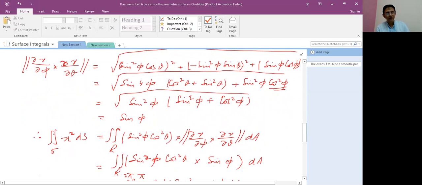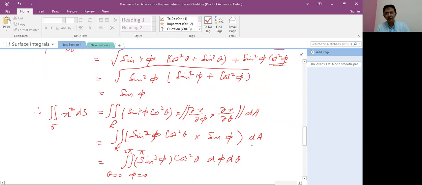After finding the magnitude, we will write the integral. Therefore, the double integral over sigma of x square dS, where dS is the small element of the surface, is the double integral of sin square phi cos square theta times the magnitude, times dA. dA represents d phi d theta.